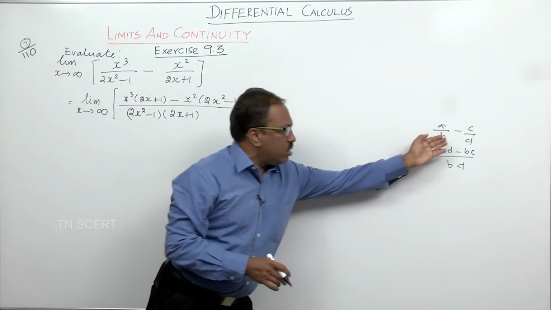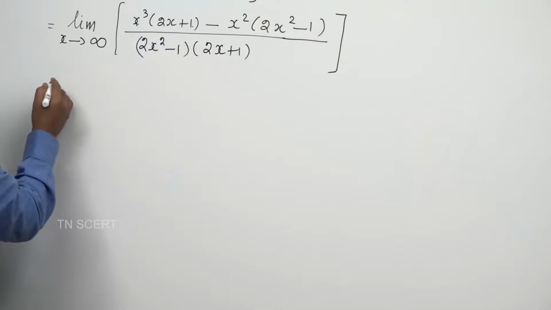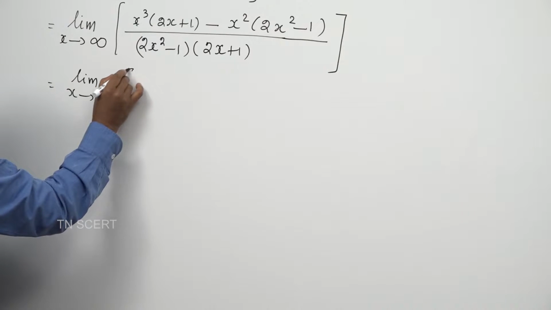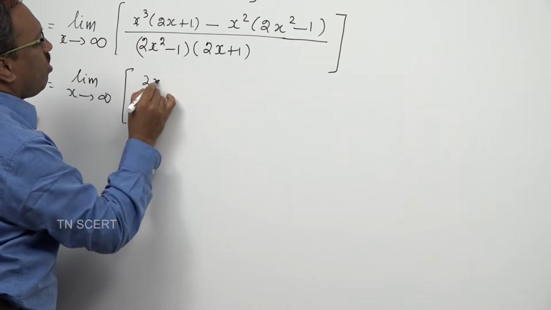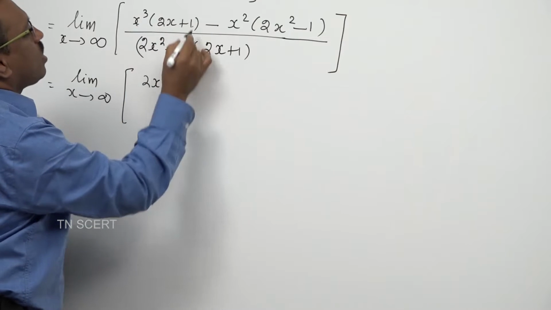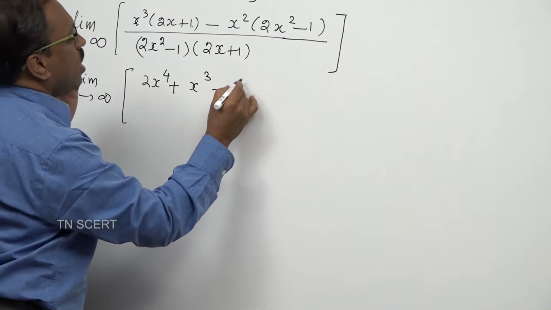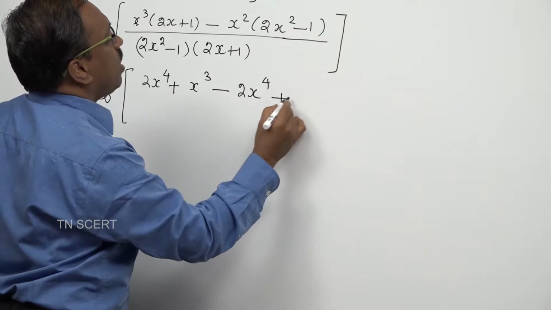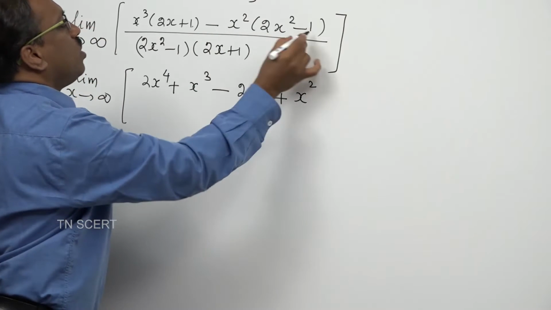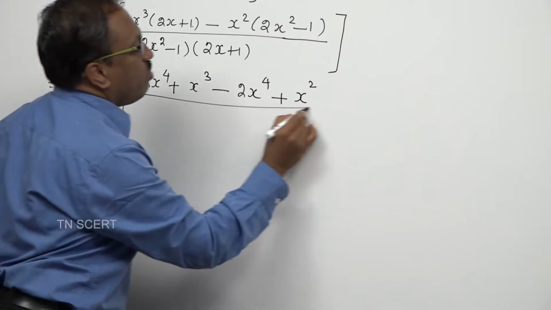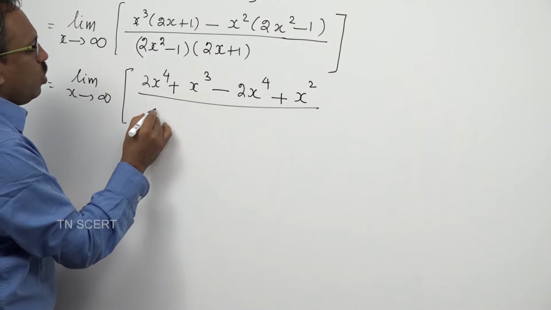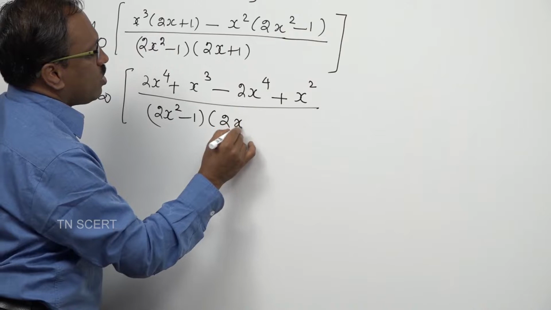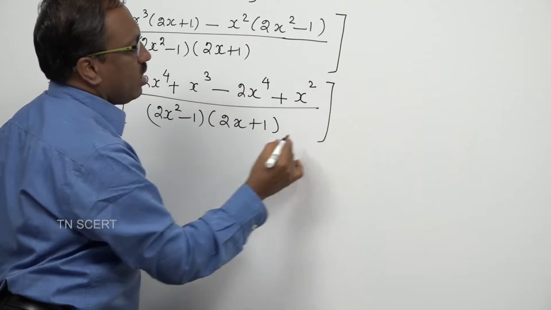Now we have to do the multiplication. As x approaches infinity, we get 2x power 4 plus x cubed, minus 2x power 4, and minus of minus is plus x square, divided by 2x square minus 1 times 2x plus 1.